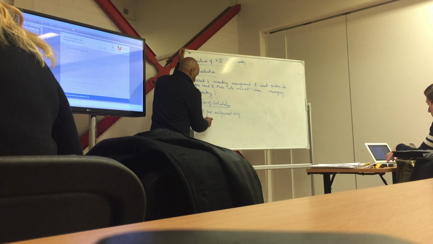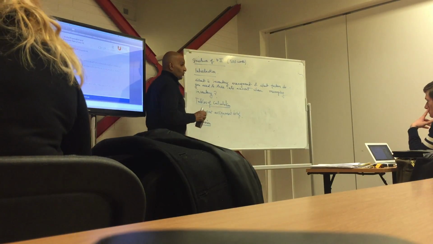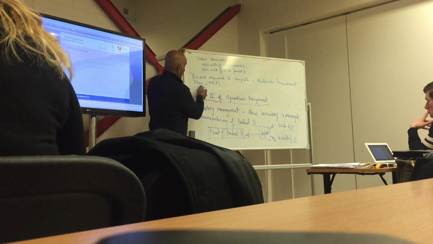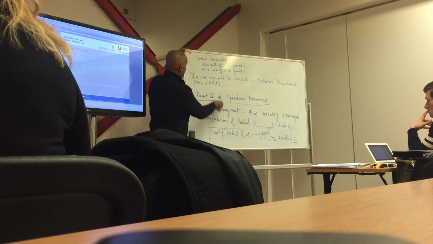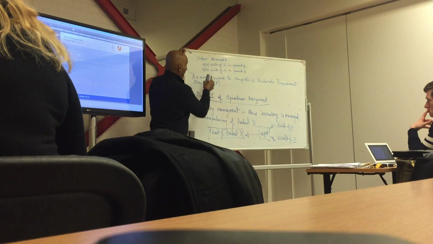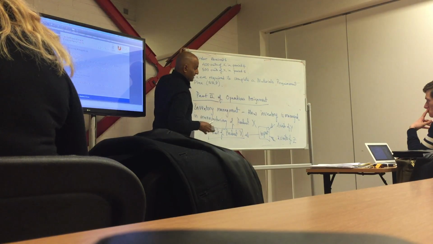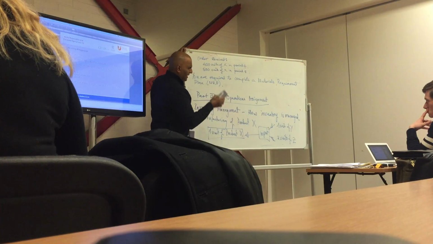So what do you write in the conclusion? Your conclusion has to relate to this question. There's nothing general about it. The conclusion has to say, well, if they want 400 units of X in period 4 and 500 units of X in period 5, do they have enough of Y and Z, or do they need to order? How much do they need to order, and what do they need to be aware of when ordering?